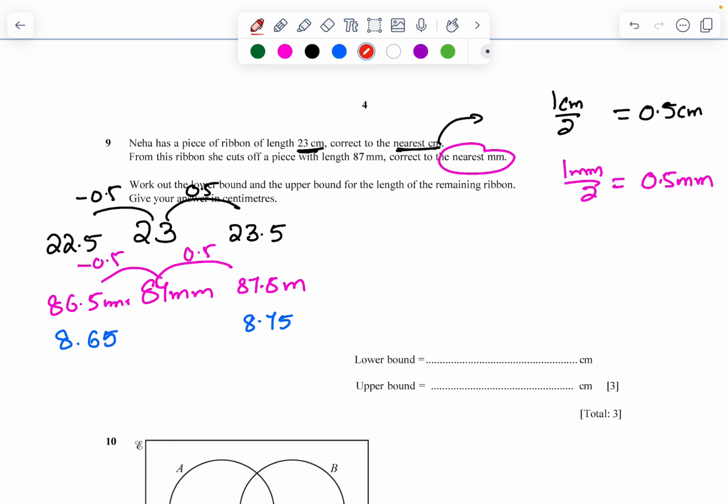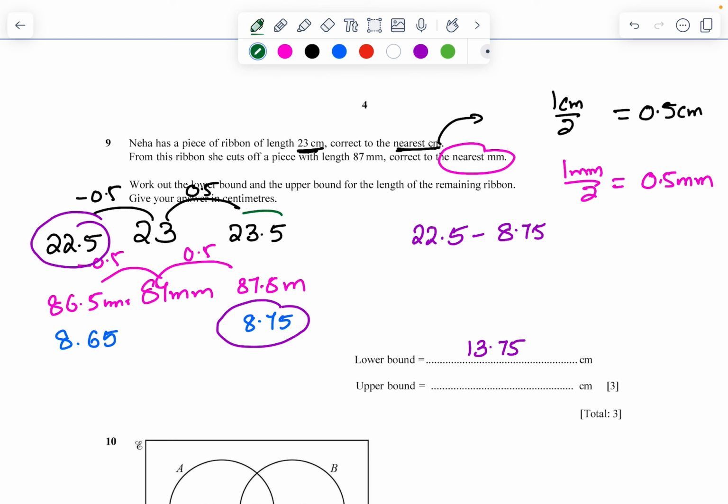For that, I will be taking the lower bound and upper bound. No calculator has been allowed, so you need to be very careful in calculating. For the lower bound, 22.5 minus 8.75, which is 13.75.